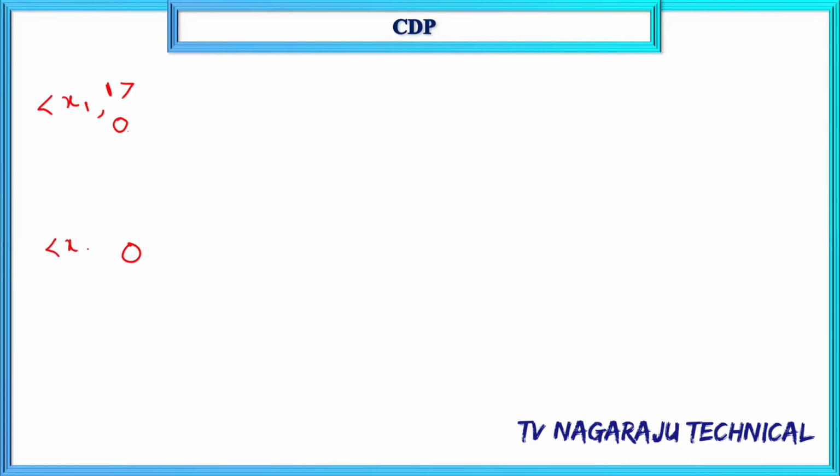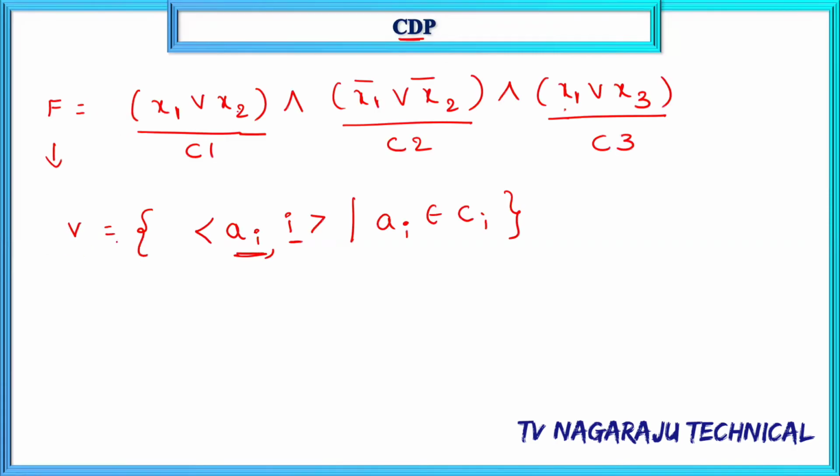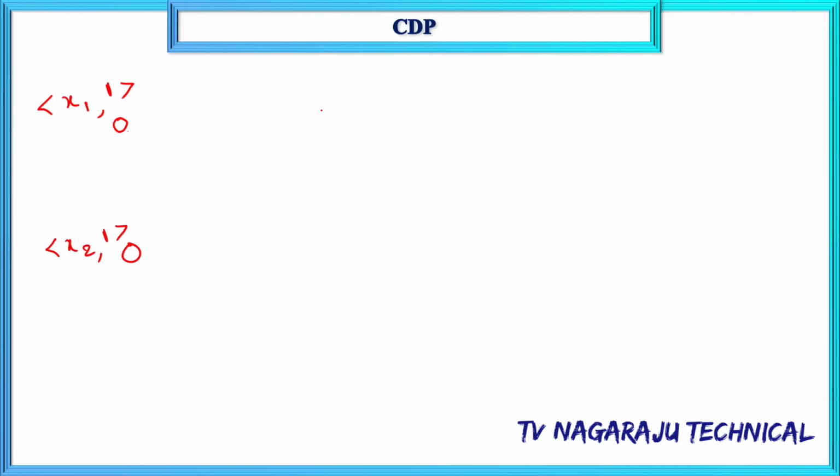So x2 comma 1. Clear? Now for the second clause, x1 bar comma 2. And one more vertex, x2 bar comma 2.